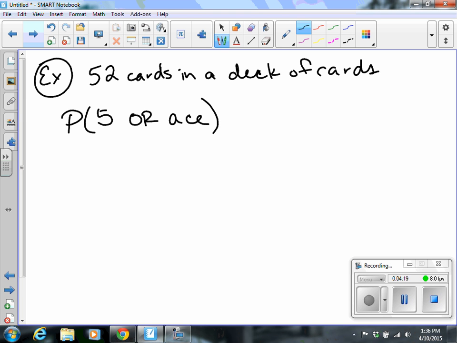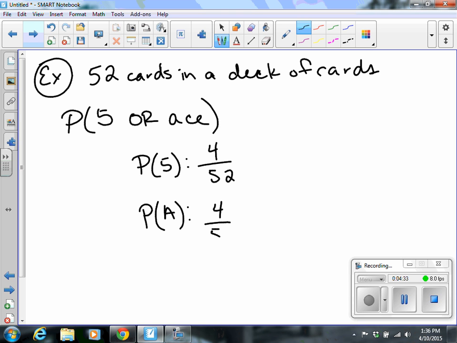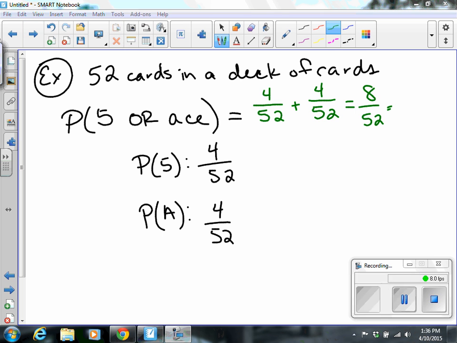Go ahead and calculate that. So if I'm looking at this, the probability of a 5 is 4 over 52. The probability of an ace is 4 over 52 as well. So I need to add those two things together. That gives me 8 over 52, but I need to reduce that, in which I can reduce that down to 2 over 13.